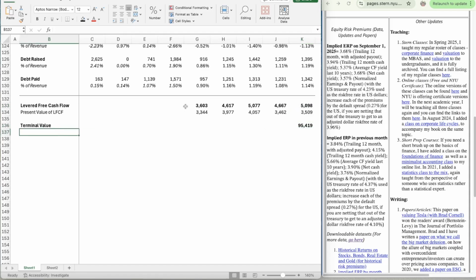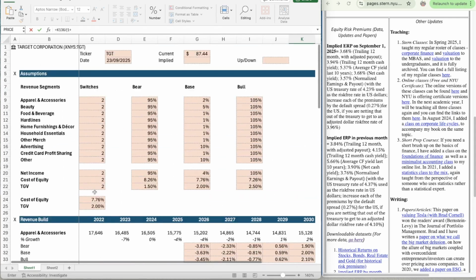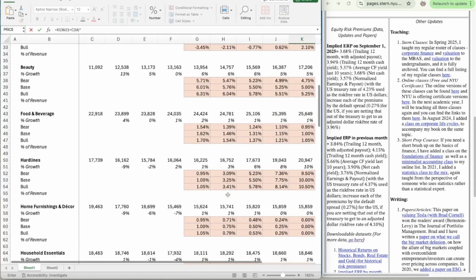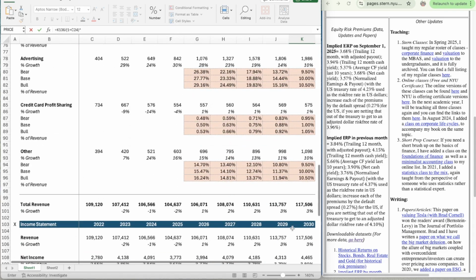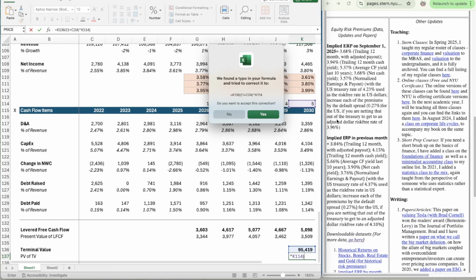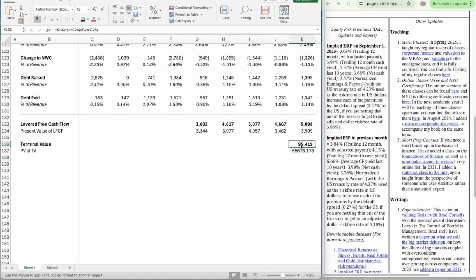Now we want the present value, PV of TV, and that equals 1 plus the WACC, not the WACC, the cost of equity, to the power of the final year, which is 5. And that gives us this figure here.